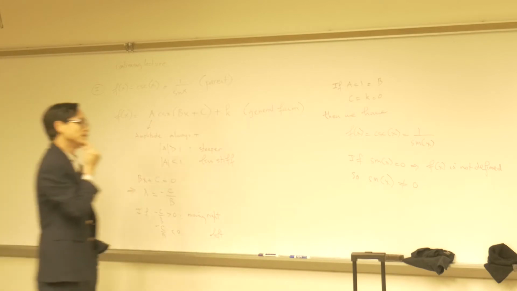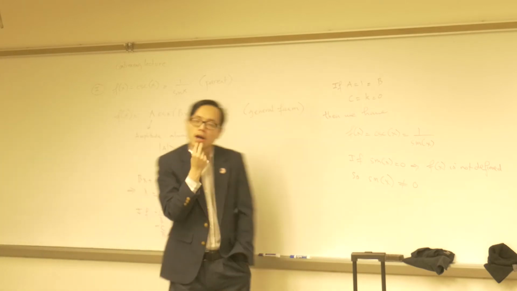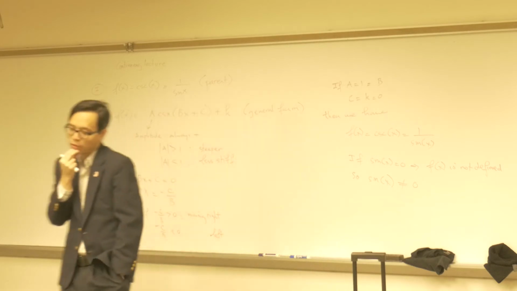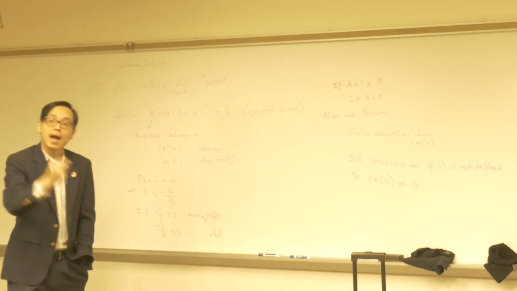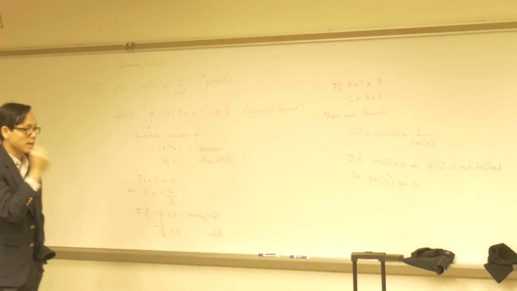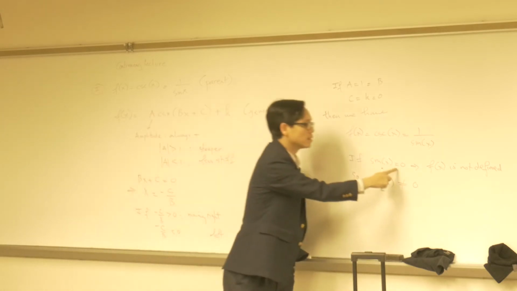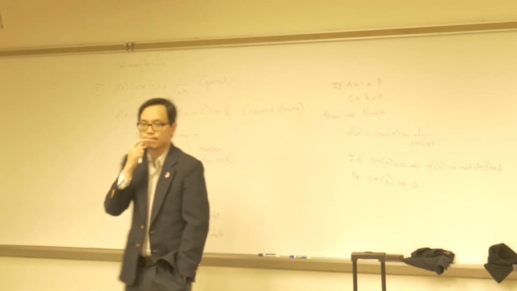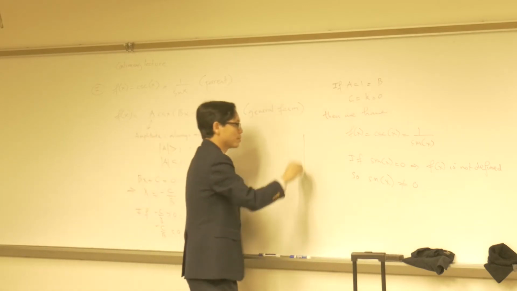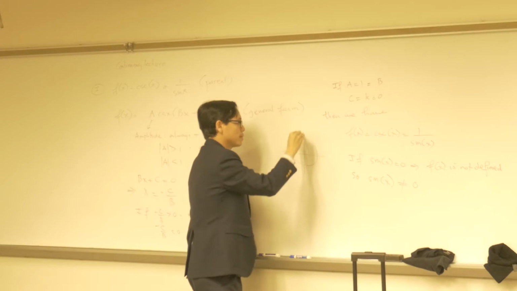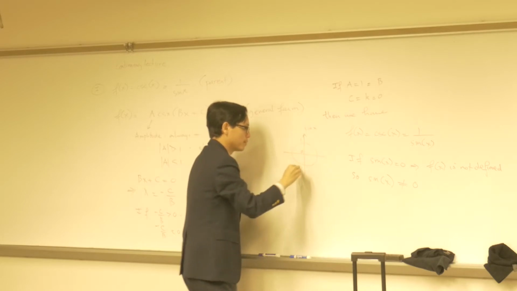Now, can anyone tell me what the value of x will be, what the angle will be, so that when you take the sine of that angle, it turns out to be 0? I want you to consider this unit circle. I know this is sine. This is 1, 0, negative 1.